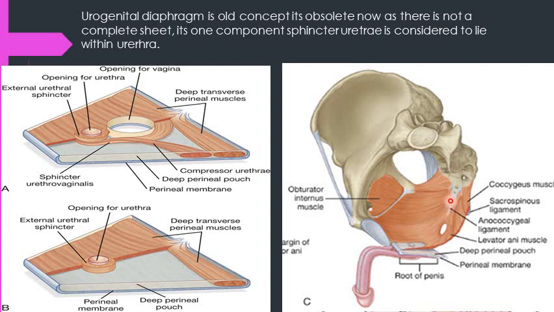So this is the most posterior aspect where you can see this aperture, which is for the anal canal. So the anal canal is passing through that levator ani along with its muscular sling, and then this is the part of the perineal membrane along with its deep muscles.